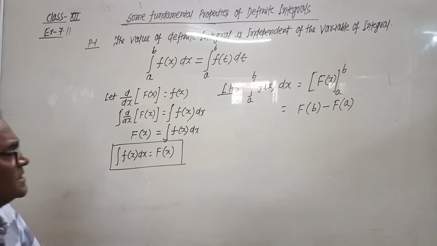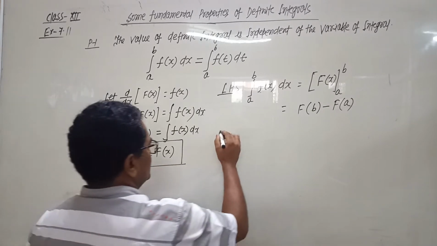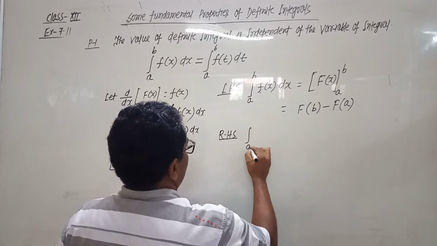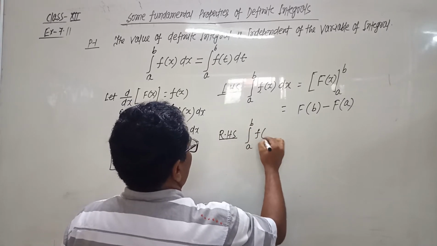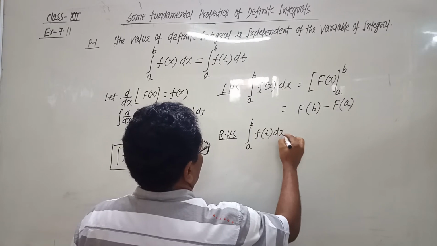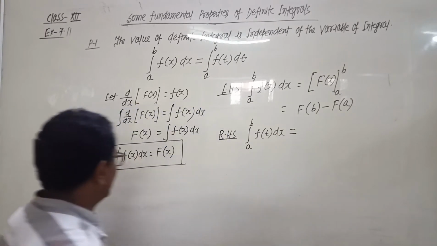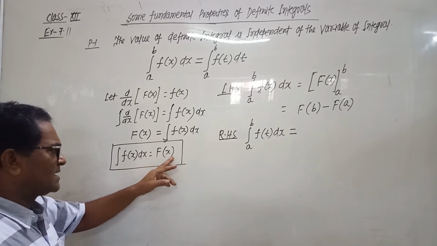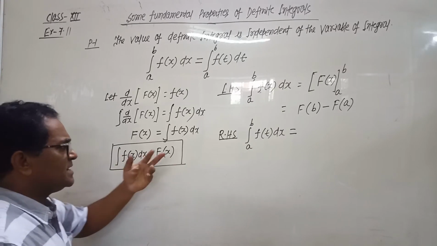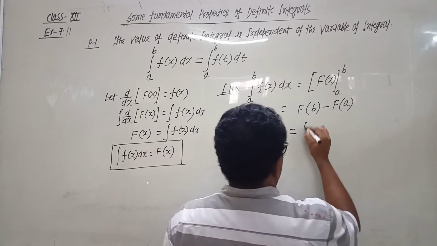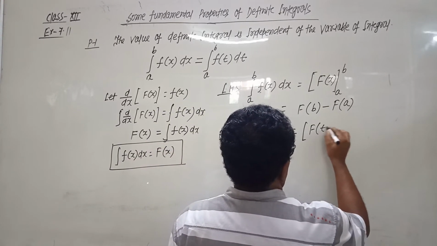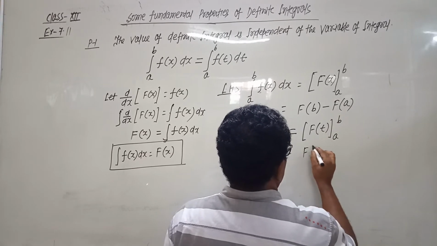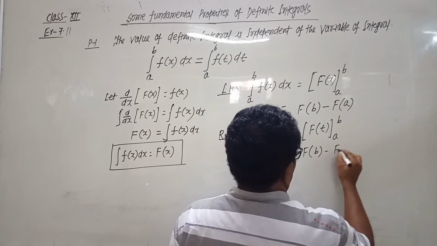This is our LHS. Now RHS, integration a to b f(t) dt. Similar to f(x) dx being written as capital F(x), f(t) dt is written as capital F(t) with limit from a to b. So we put the limit, F(b) minus F(a).